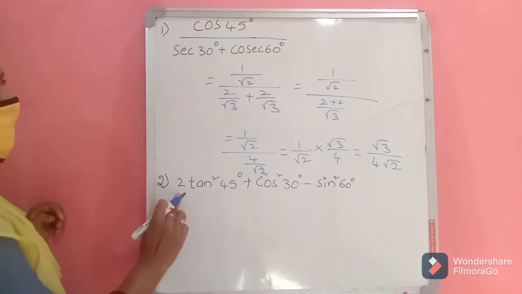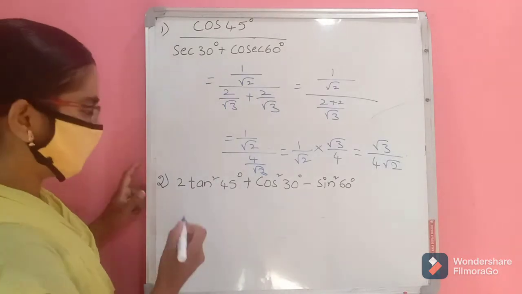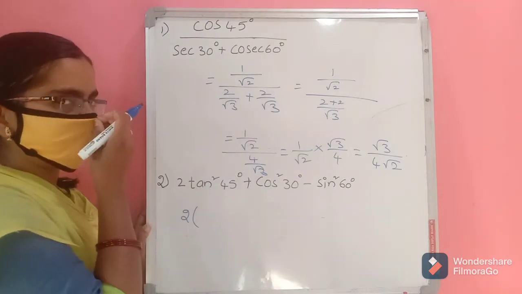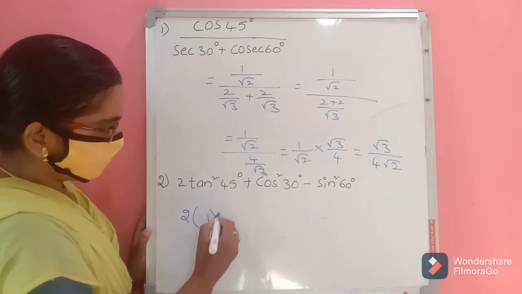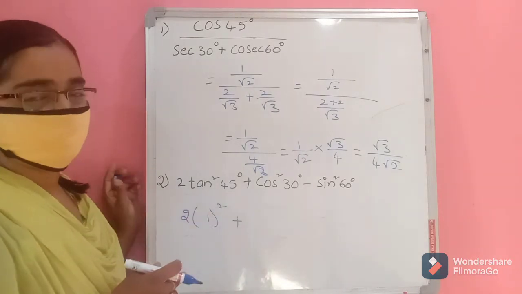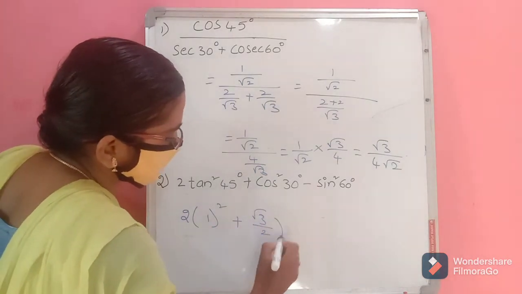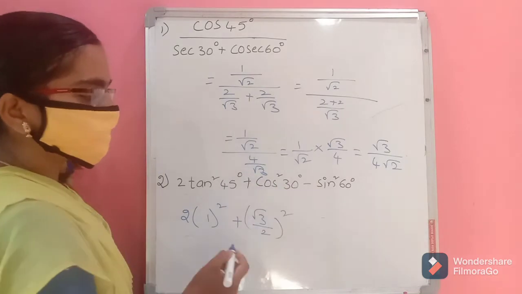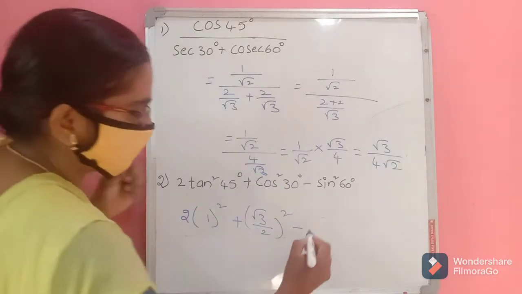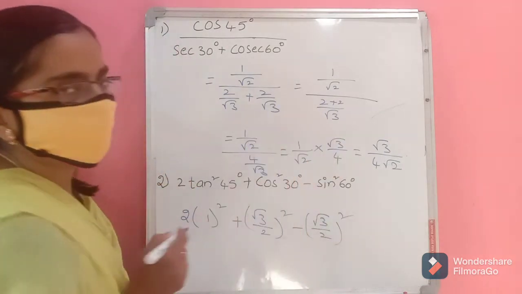Okay. Next. 2 tan square 45 plus cos square 30 minus sin square 60. What is its value? Tan 45 is 1, 1 square, plus cos square 30: cos 30 value is root 3 by 2, whole square, minus sin square 60: sin 60 is root 3 by 2, whole square.